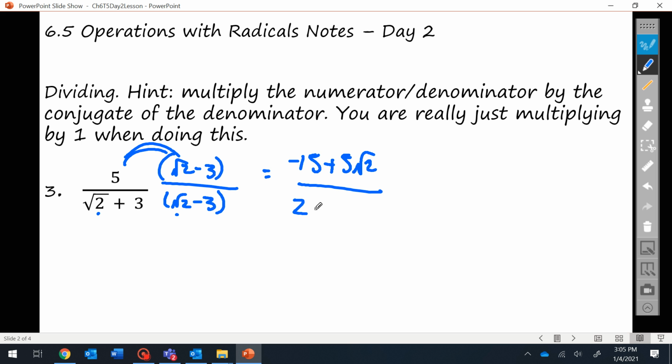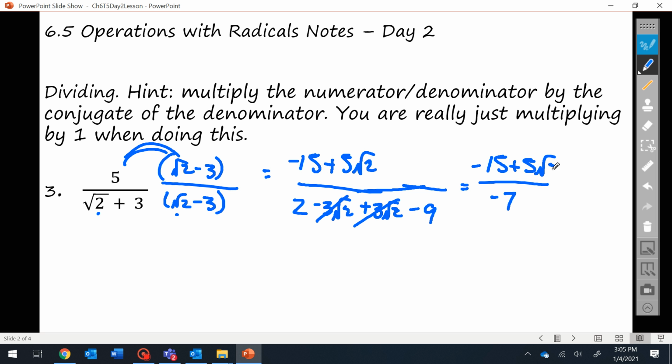Root 2 times negative 3 is negative 3 root 2. 3 times root 2 is positive 3 root 2. And 3 times negative 3 is negative 9. So these cancel. We get 2 minus 9, which is negative 7. So in the numerator we have negative 15 plus 5 root 2. In the denominator we have negative 7.